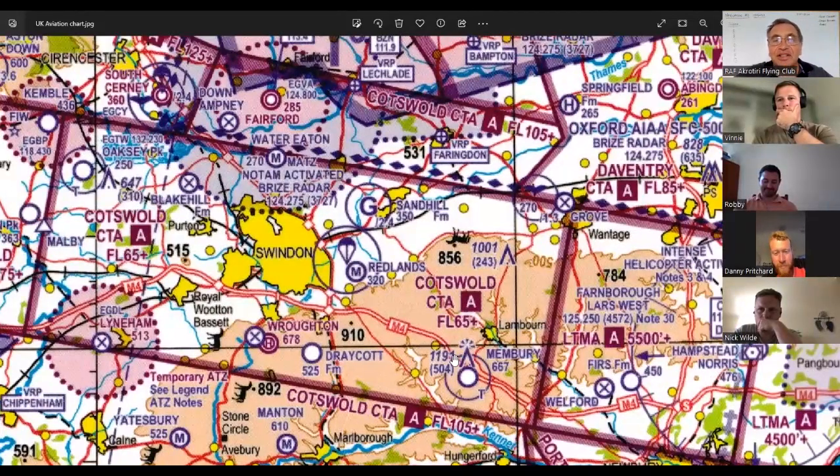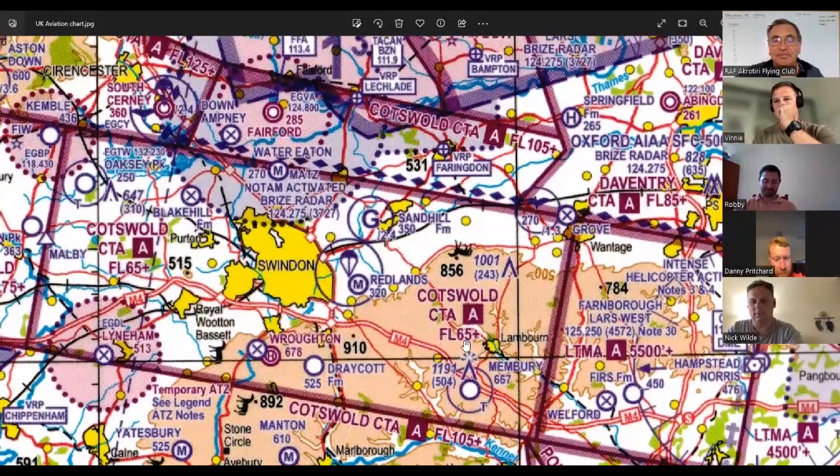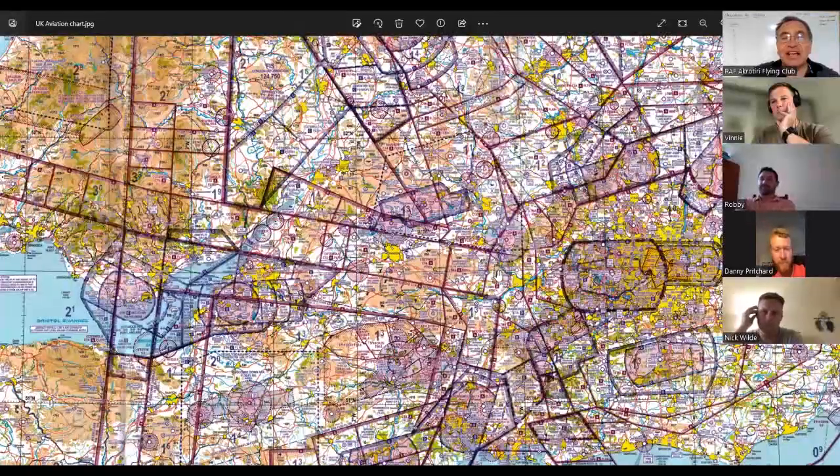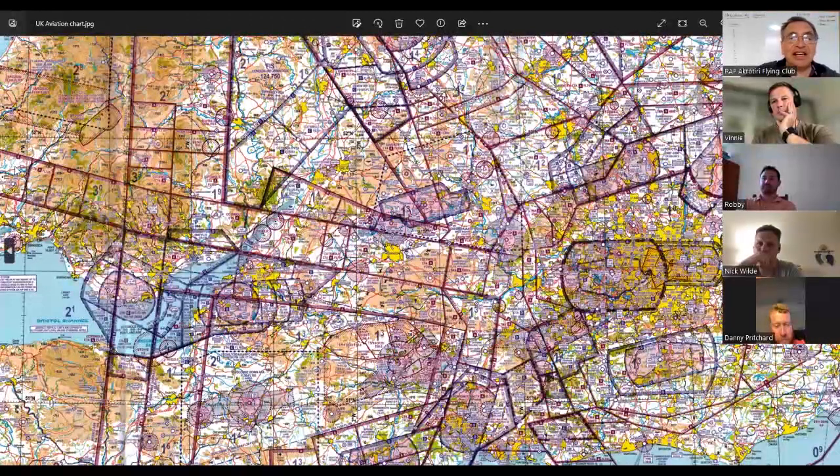So you'll notice that this big square here, this big rectangle, sorry, is Class A airspace from flight level 65 and upwards. And in actual fact, you'll notice, can you see there's a big, long, straight thing that heads off here? In fact, that's the airway that heads off to America.